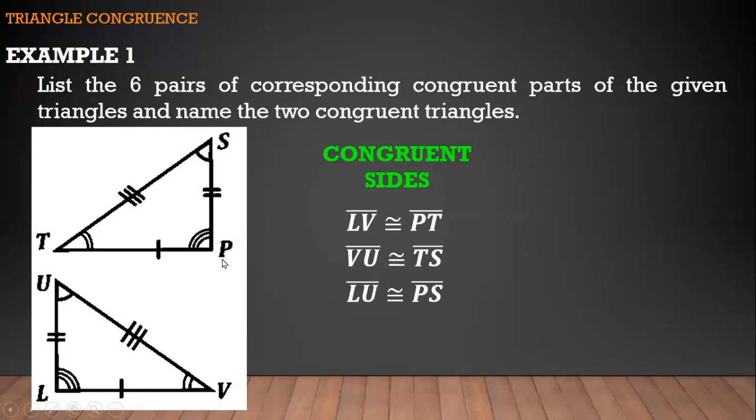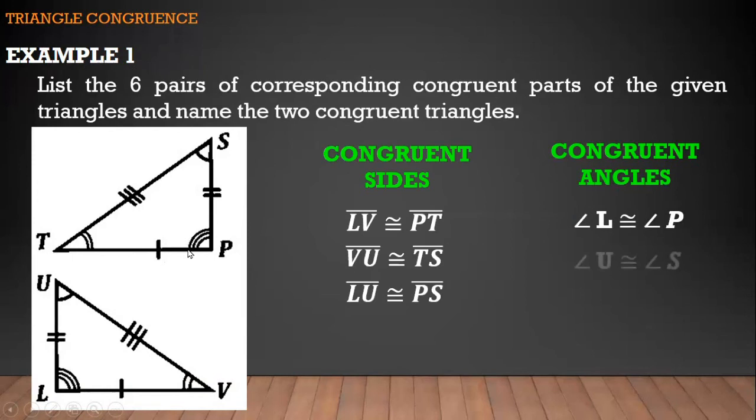Next, let's list the congruent angles. We have angle L, meron siyang 3 marks, at dun sa kabilang triangle, may 3 marks din si angle P, so they are congruent. Angle L is congruent to angle P. Next, we have angle U. Angle U, may isa siyang mark.